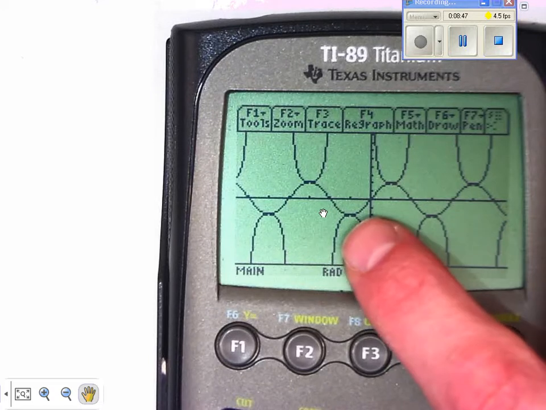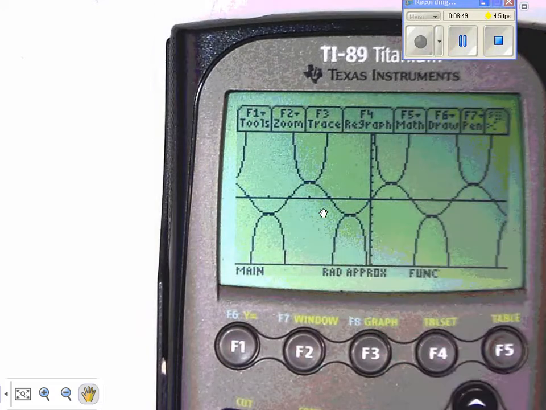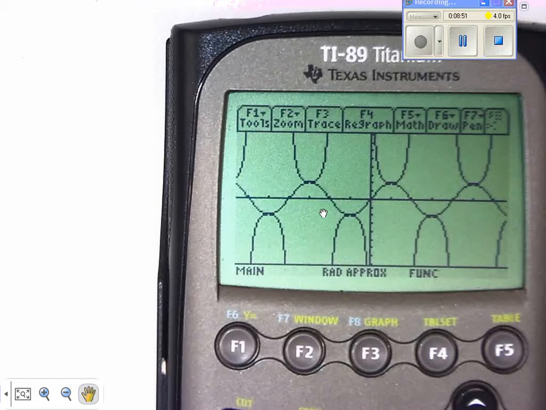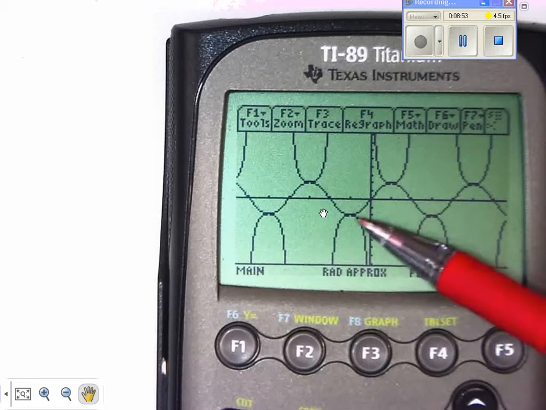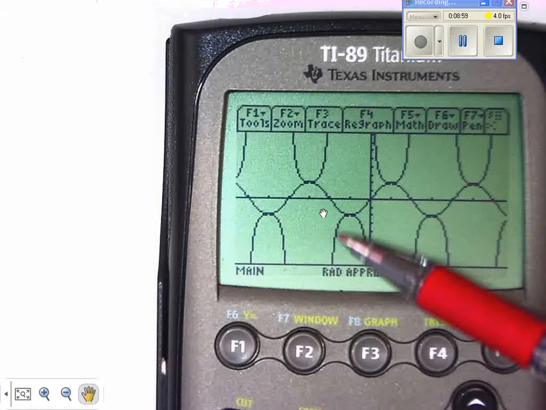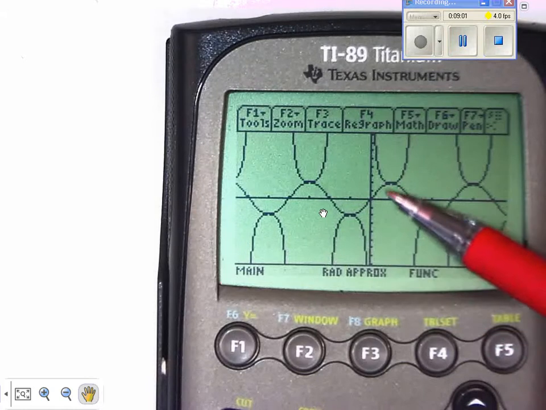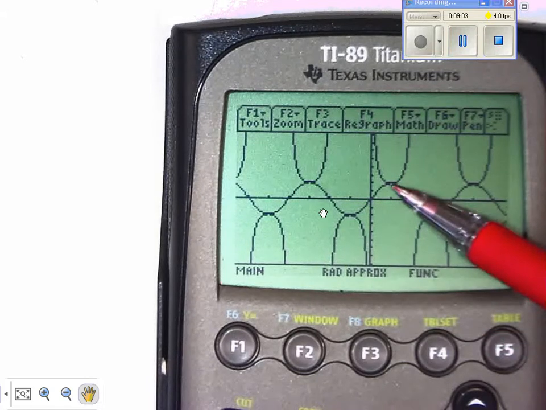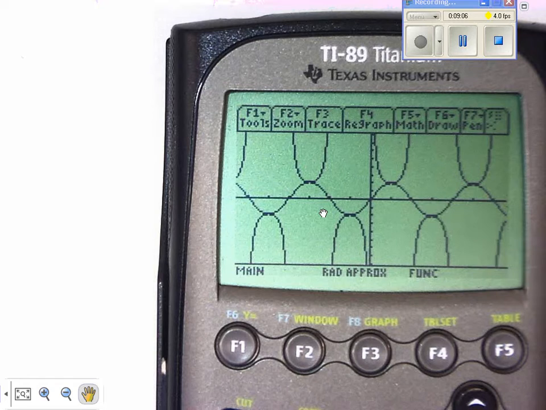The relative maximum of the cosecant function is a relative minimum of the sine function. So the hill meets the valley, if you will. The valley meets the hill of the sine function, and so on. It's kind of interesting there on those reciprocal functions.